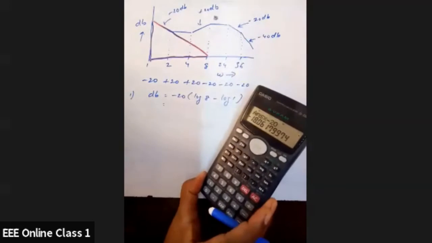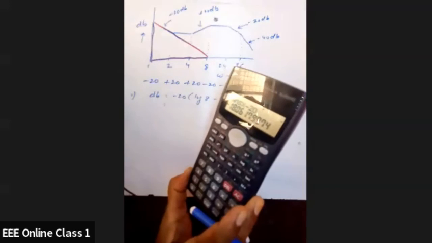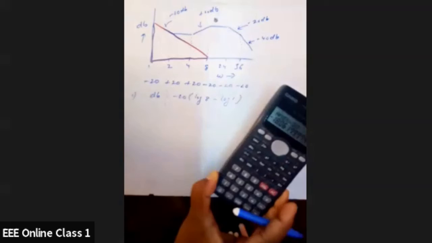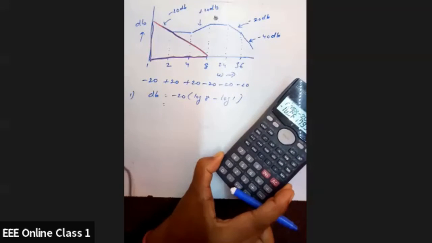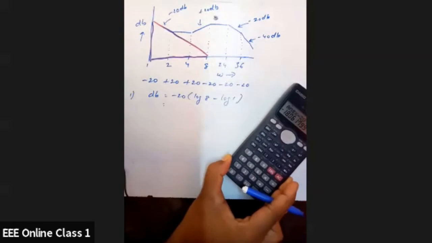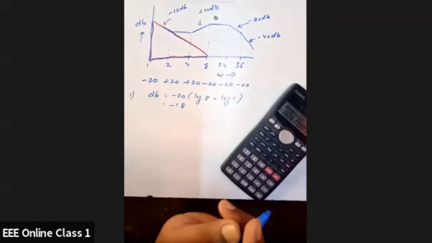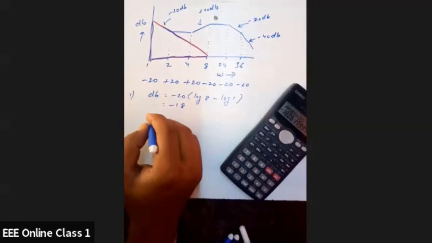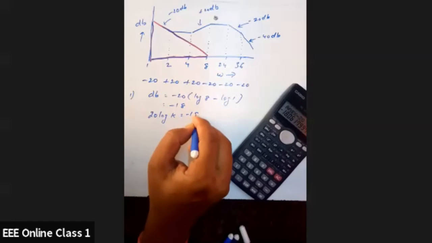So this is minus 18. So how to find k? 20 log of k is equal to minus 18.